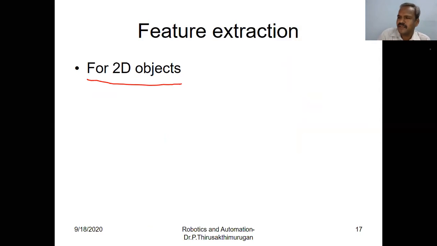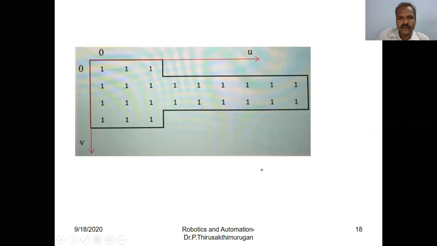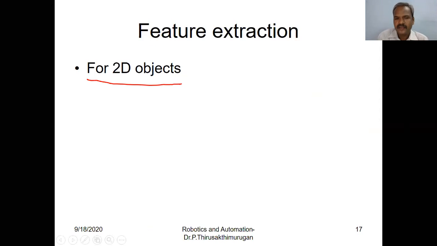So what are those features? The first feature is area, the area of the object.